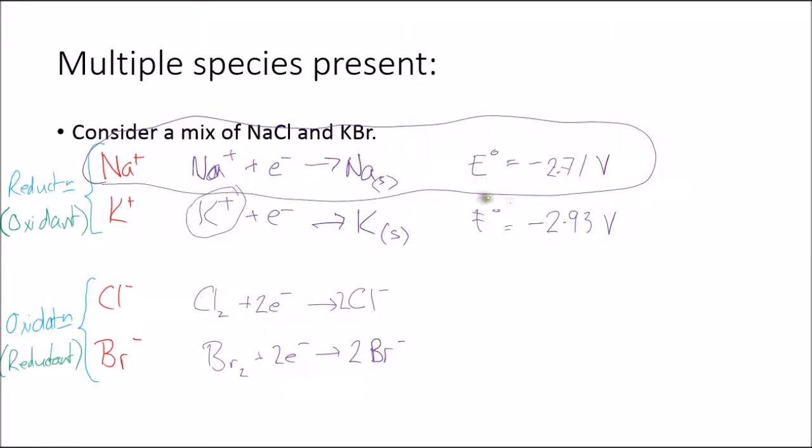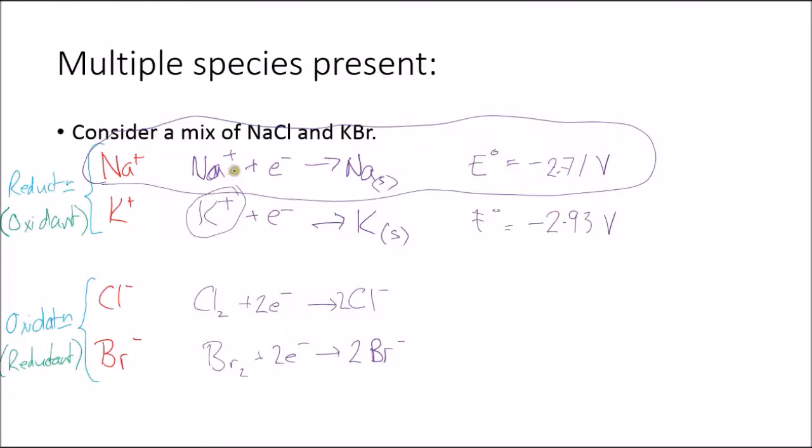We know from the electric potential, and also from what we know about the reactivity series, that sodium is less reactive than potassium. It is less inclined to be oxidized, not by much. So it is more easily reduced. Now look, I know I'm basically saying tomato here.